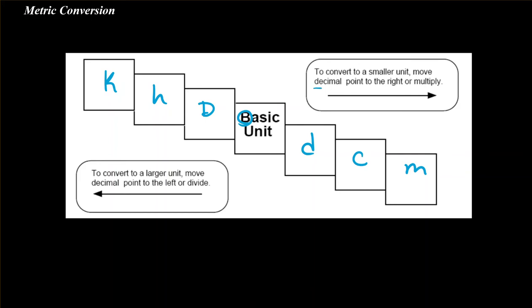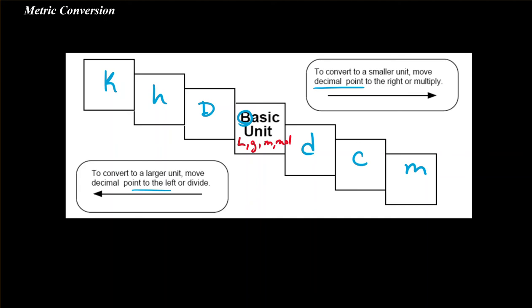So we can either move the decimal to the right or to the left, depending on which unit we're converting from and to. Now our base units can be any form of metric unit like a liter or a gram or a meter or a mole, any one of those metric units that you're likely to see in a science or a math class.